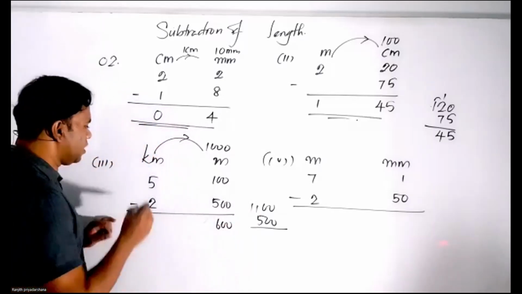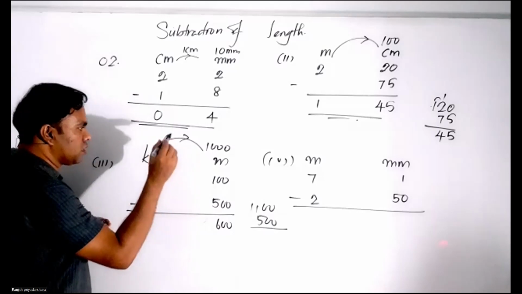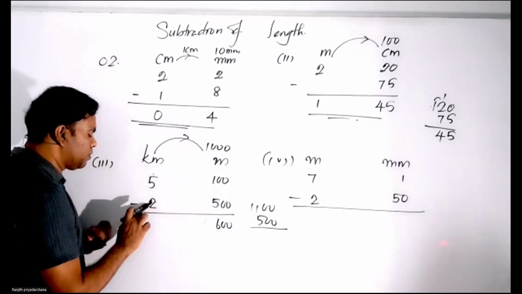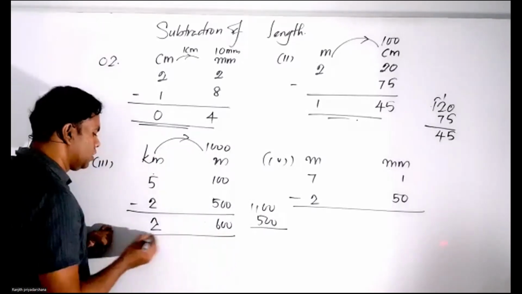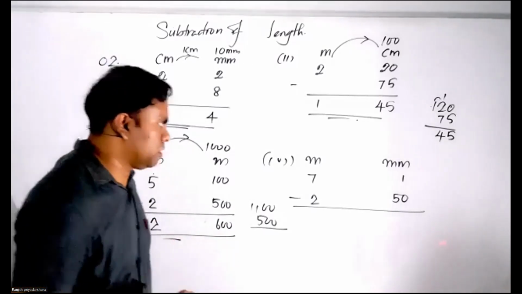So what remains here? That's 4 because you took 1 kilometer. 4 subtraction 2 is 2. 2 kilometers and 600 meters is the answer.